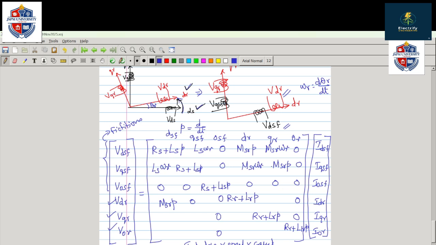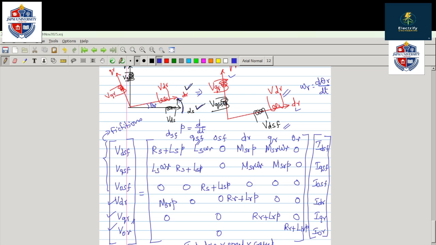Then DR and QR. DR is here, QR is here. Both are perpendicular to each other, so the value will be 0. Then QR and DSF. QR is the rotor axis and DS is the stator axis. Both are perpendicular, again 0. Then QR and QS. QR is the rotor axis and QS is the stator axis.